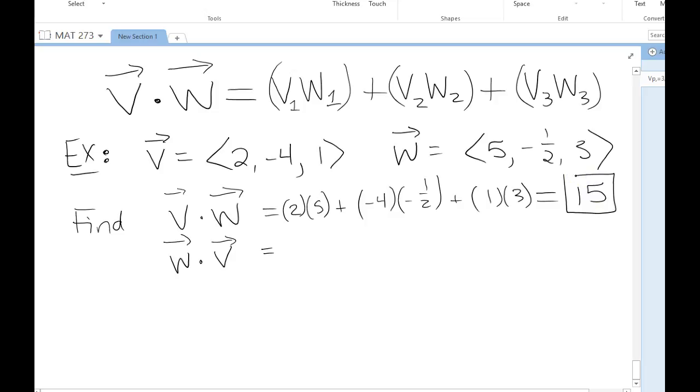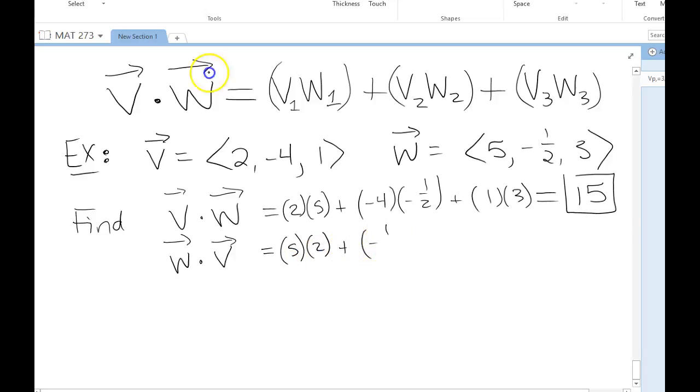Now, if I do W dot V, what's going to change? Just the order of what? The multiplication order. Multiplication is commutative, which means it doesn't matter what order you multiply in, you're still going to get the same answer. So if we do W dot V, that just means our W's are going to be written first and our V's are going to be written second.